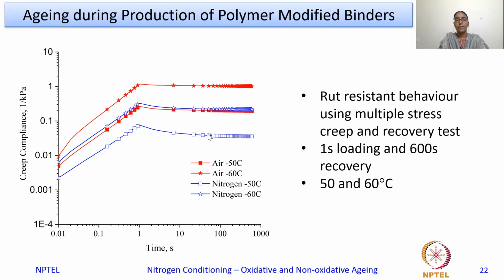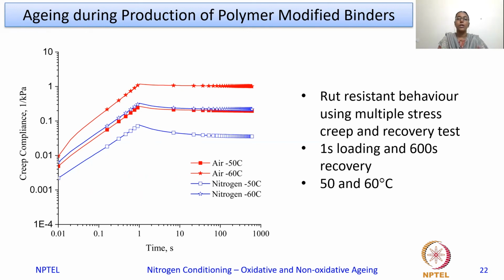The creep response of the material is low for the nitrogen conditioned specimen, and the recovery is also more. So the performance of the polymer modified binder prepared under nitrogen conditioning was far better than the one prepared under the air atmosphere.